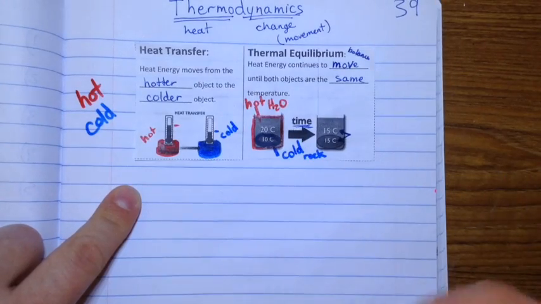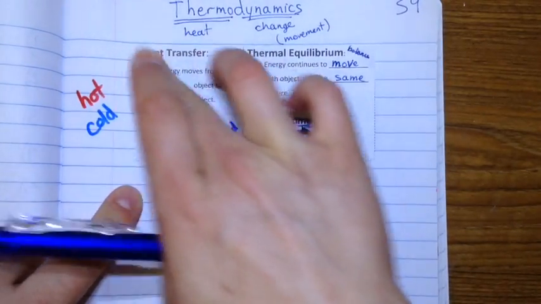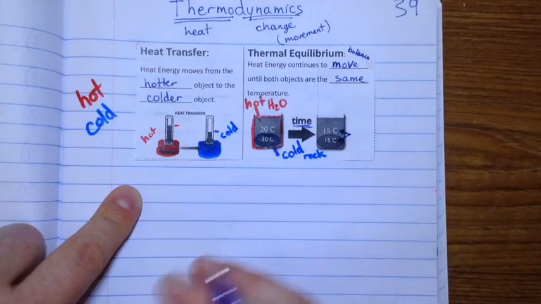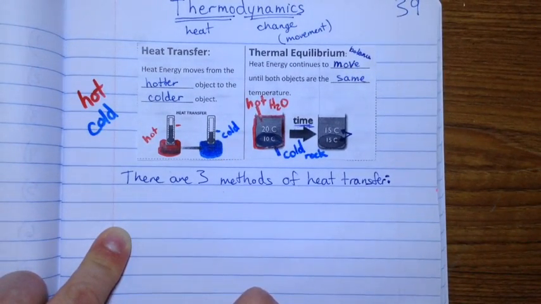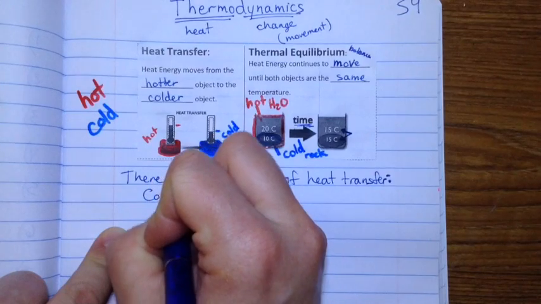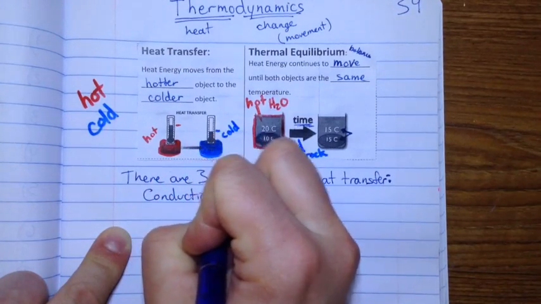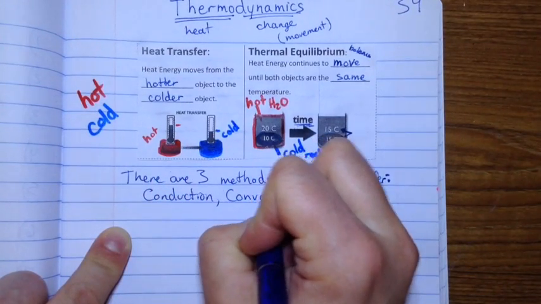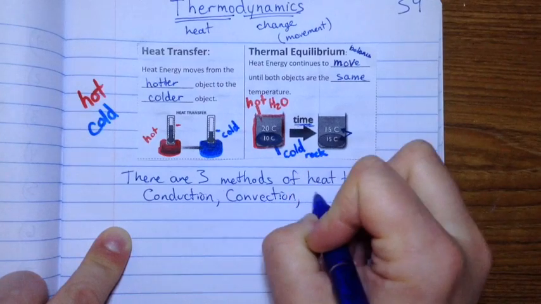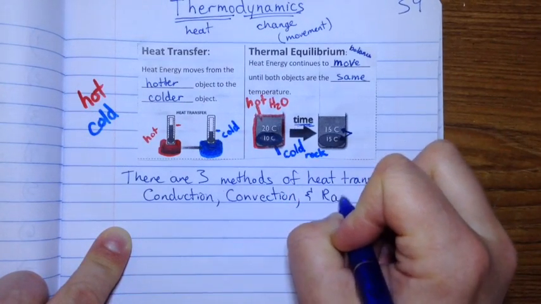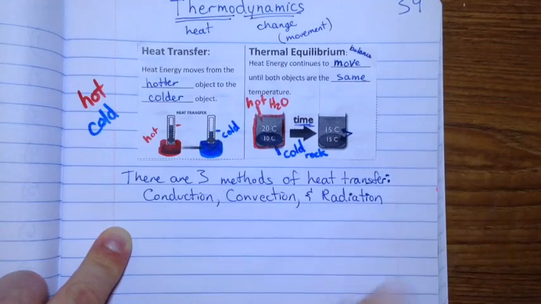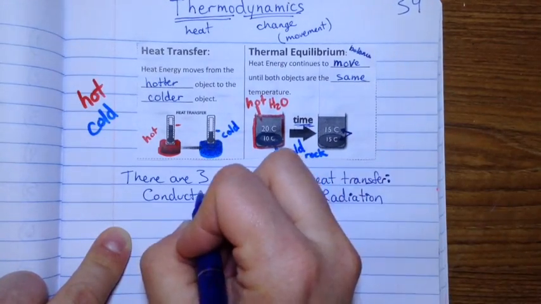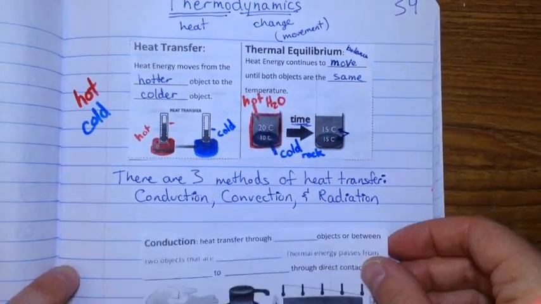That tells us that heat is able to move from one place to another, from one object to another. There are three methods of heat transfer: conduction, convection, and radiation. And we are going to discuss each one of those in detail.